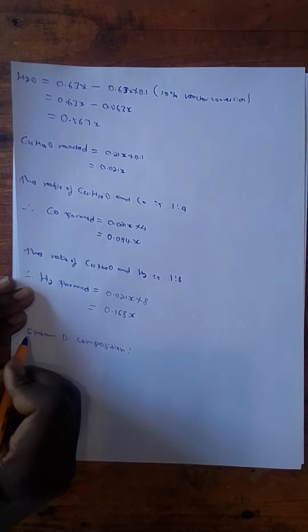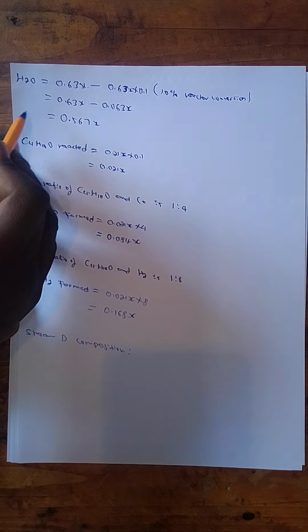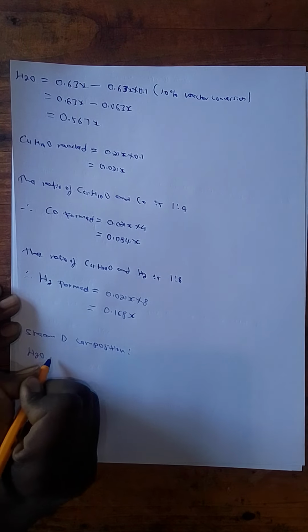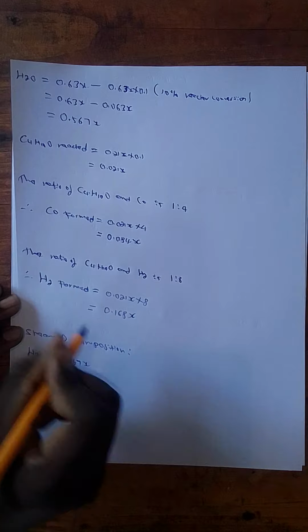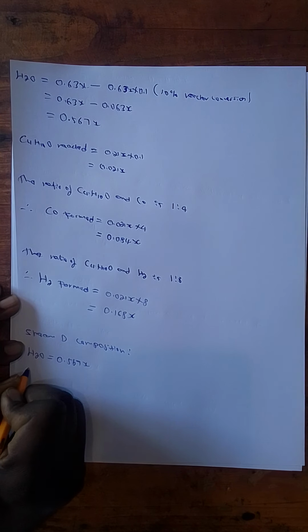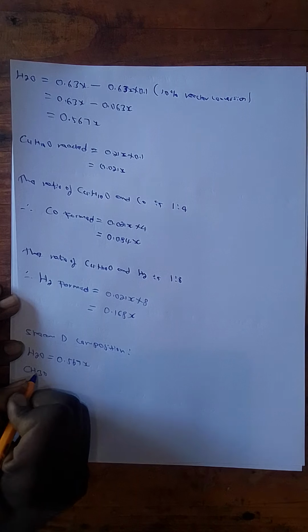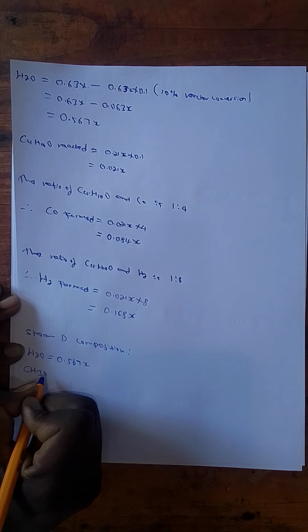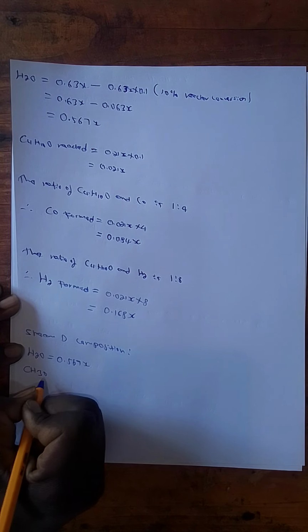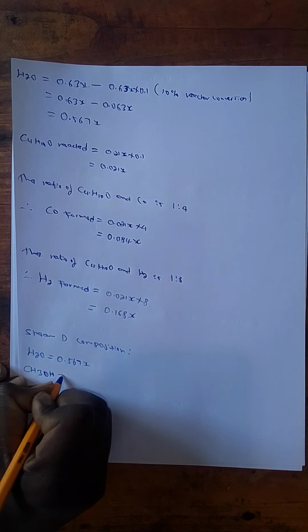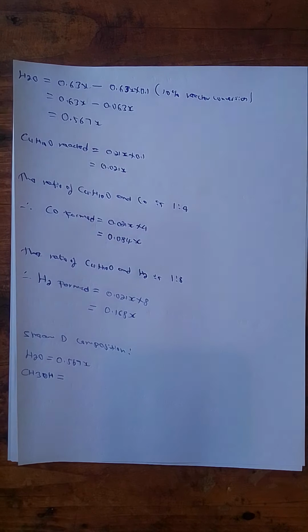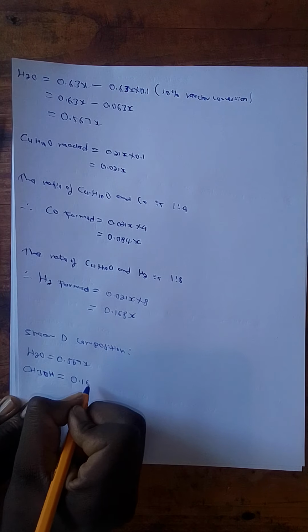We'll just say then in stream decomposition, let's start with the H2O. H2O is equal to, it hasn't changed, it's still 0.567x. And methanol, CH3OH, the methanol is 0.16x.